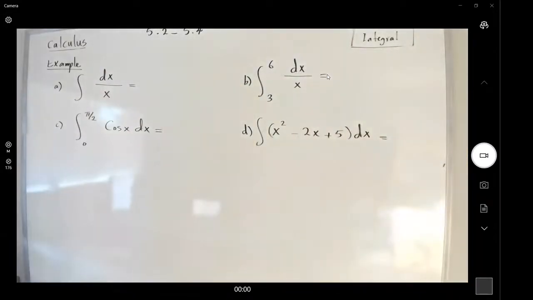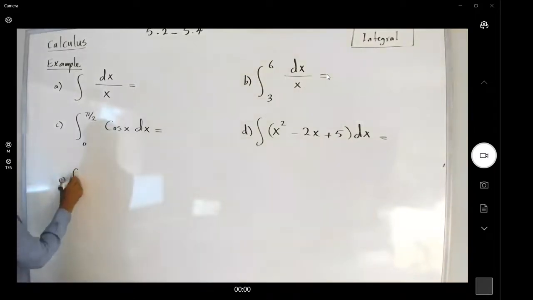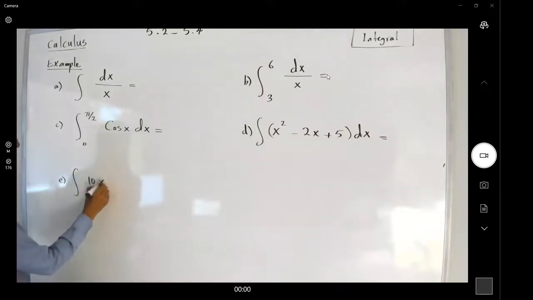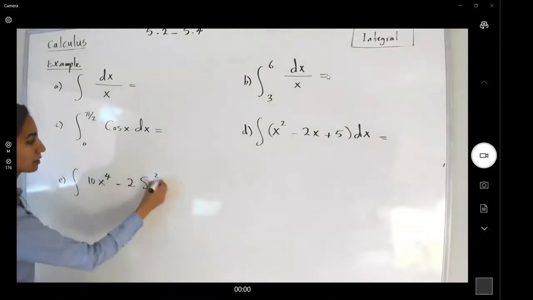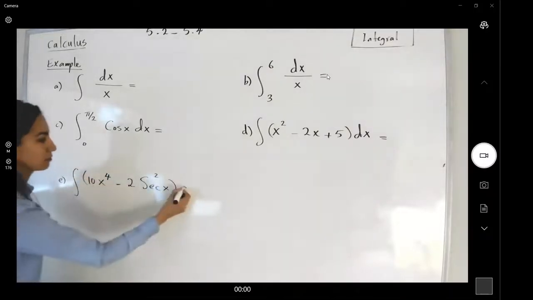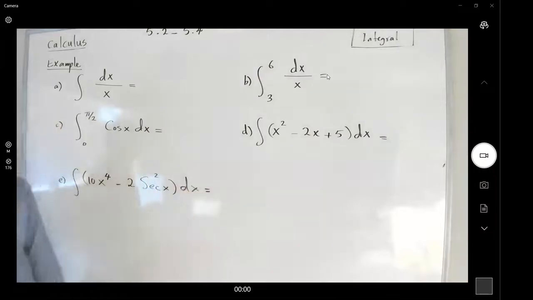And another one, what is the integral of 10x to the fourth minus 2 times secant squared of x dx.